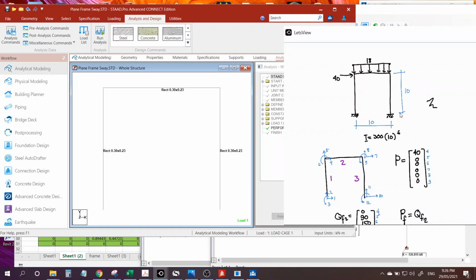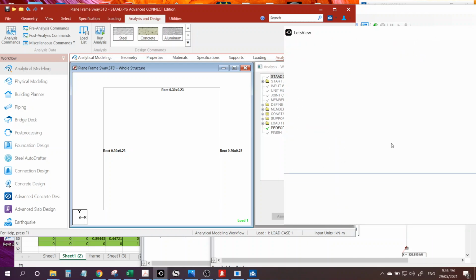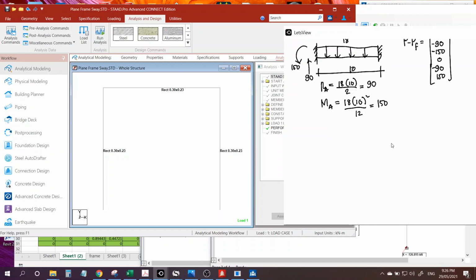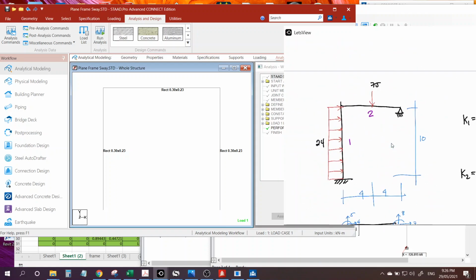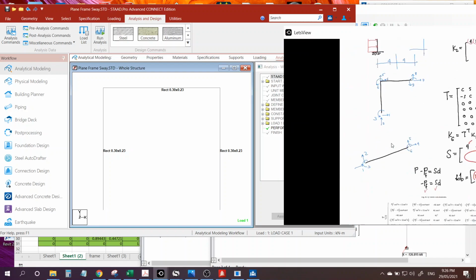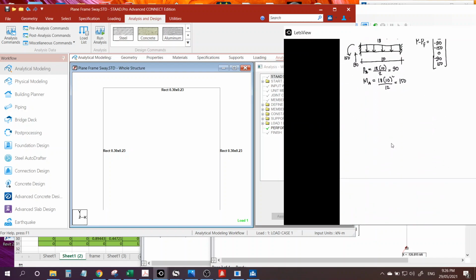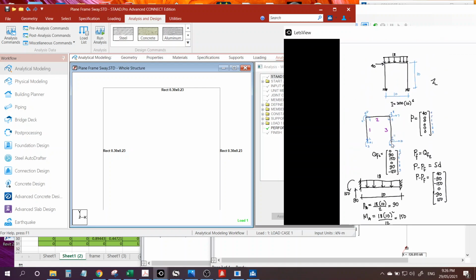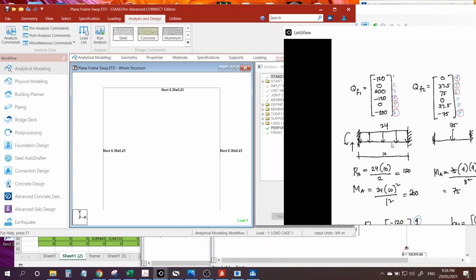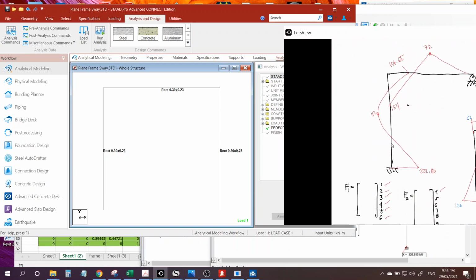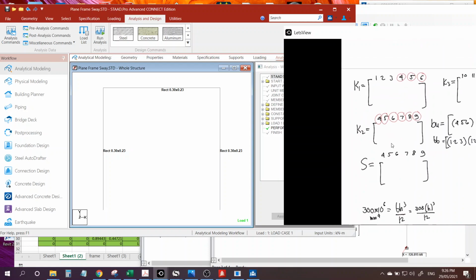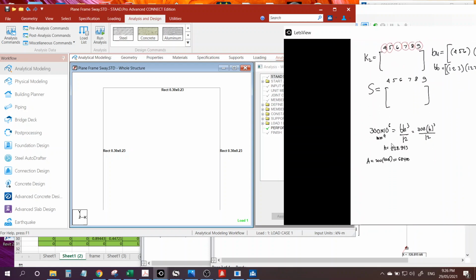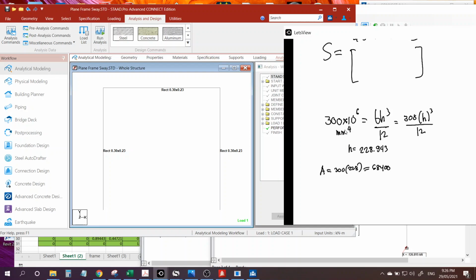10 meters, 10 meters. The inertia is 300 times 10 raised to 6. So I assumed an area, a cross section. That one, so this is the inertia.